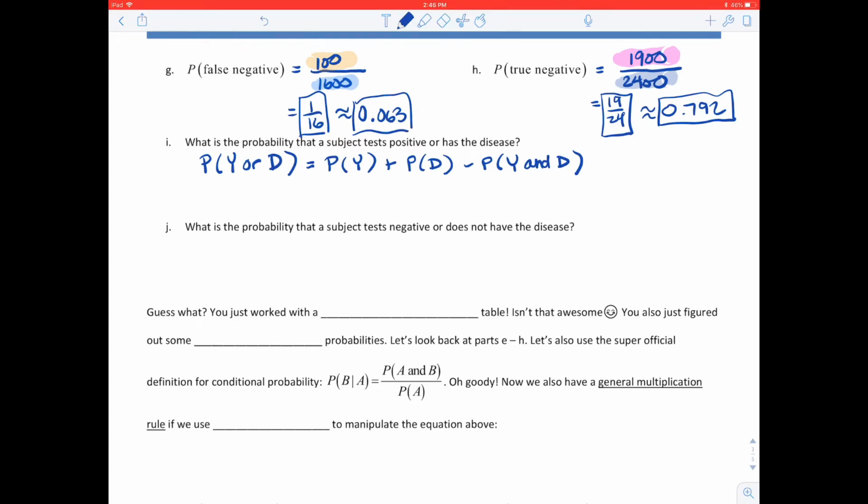Okay, so now that we simplified those, my bad, let's go ahead and take a look at these probabilities. We already found them, didn't we? So the probability of a yes plus the probability that they have the disease minus the probability of a, and remember this was the same as the true positive.